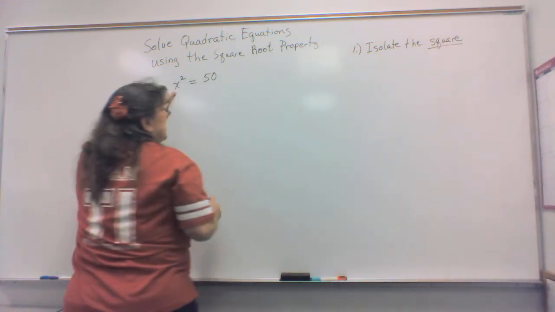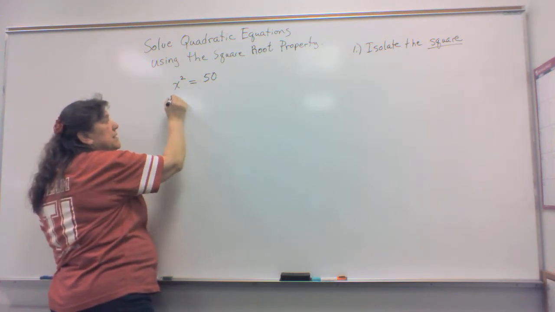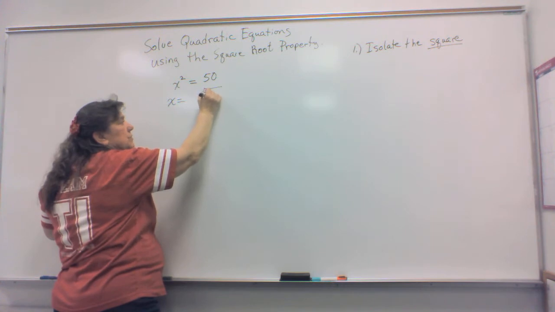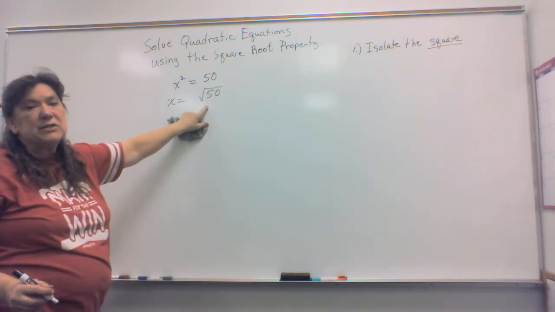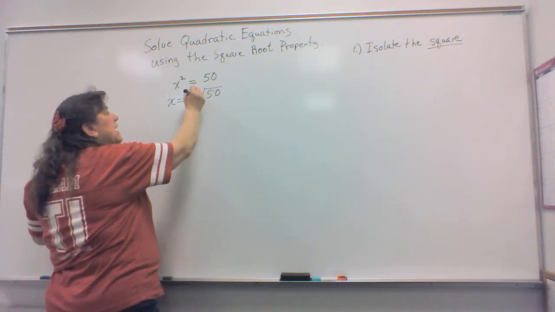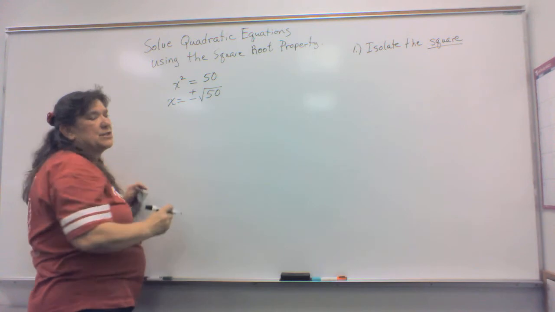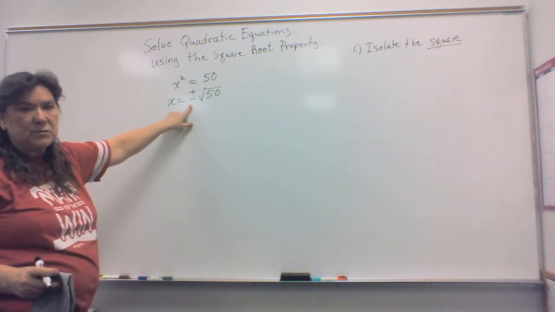Okay, which we've done. Now, remember, the other step was just simply taking the square root. But when we take a square root, unless we indicate differently, the only answer is positive. So we're going to have to indicate both the positive answer and the negative answer by writing plus or minus in front of my square root.